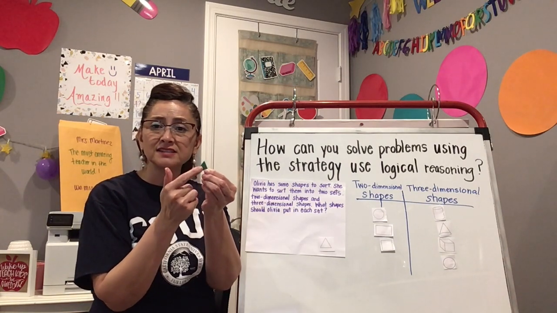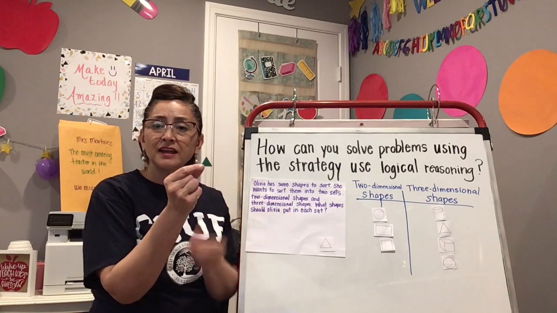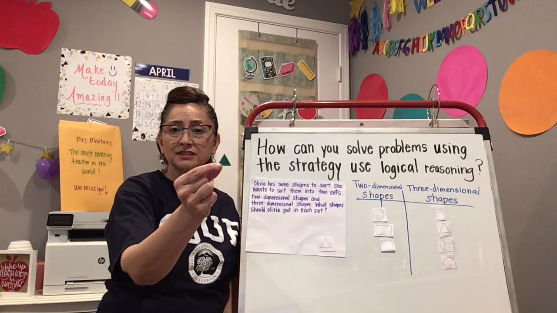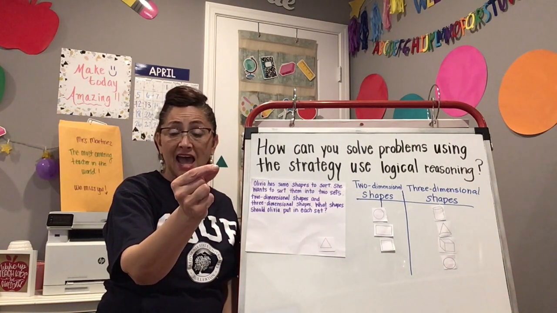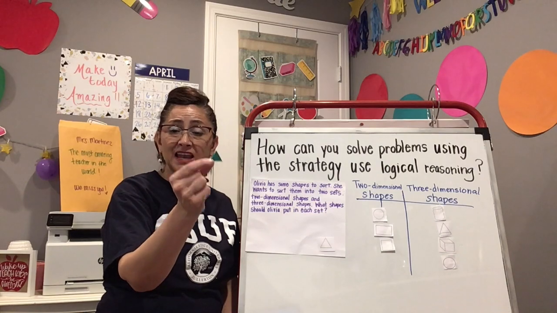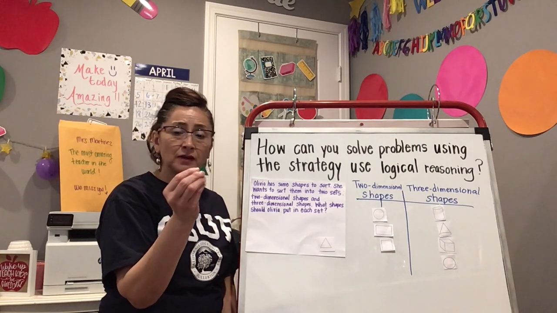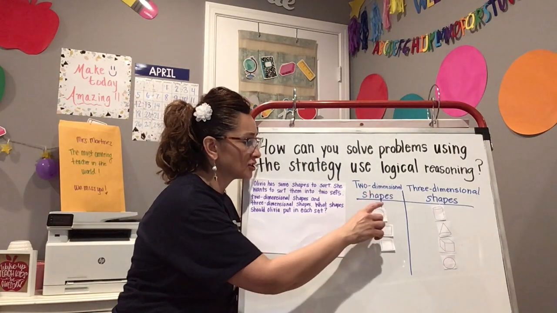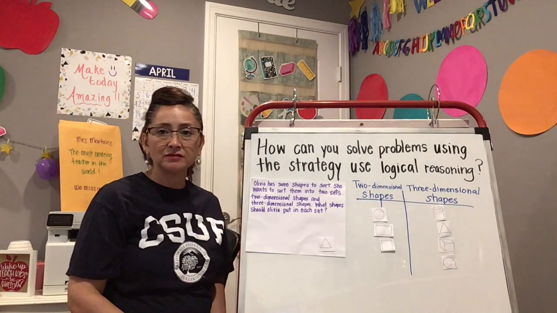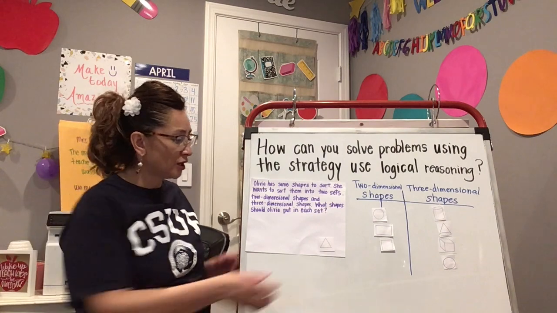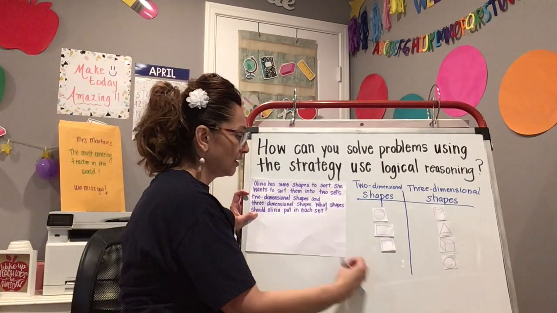And we know that this shape is flat. So this is a flat shape. Now, where would this flat shape go? Under 2-dimensional or 3-dimensional? Yes, that's right, under 2-dimensional.